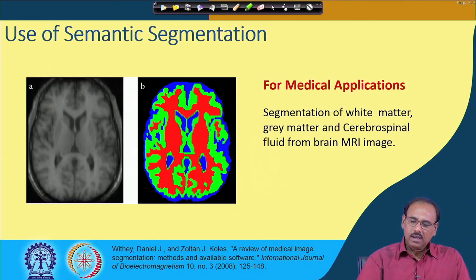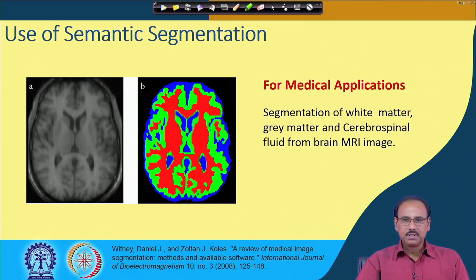Similarly, semantic segmentation can also be used in medical applications. This slide shows a slice of a brain MRI. A radiologist or a doctor may like to know the extent of white matter, the extent of gray matter, or the extent of cerebrospinal fluid present in the brain.